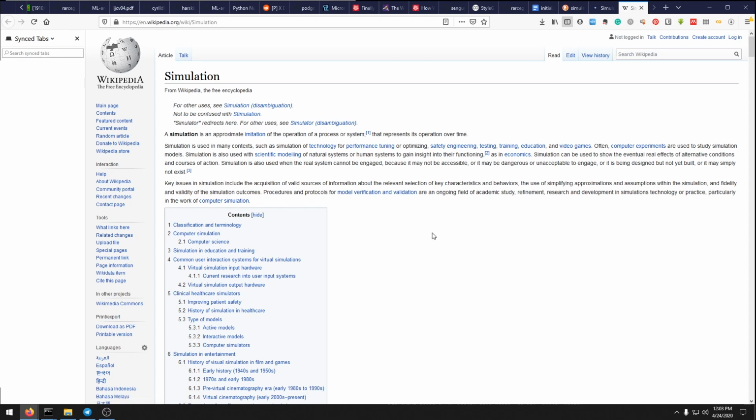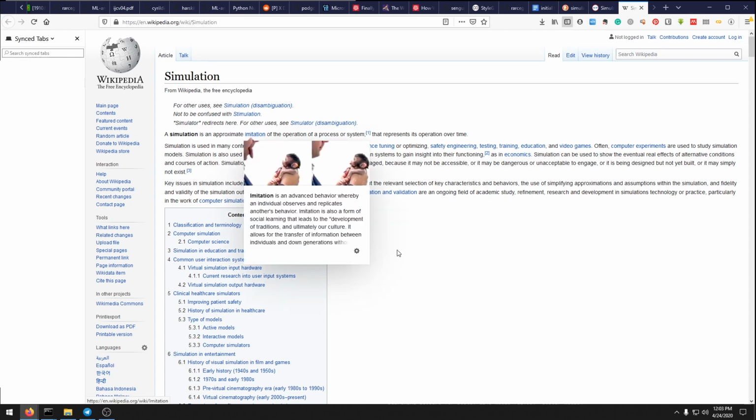Okay, it's a little bit too scientific, too technical, too academic. Basically, the main word here is imitation.